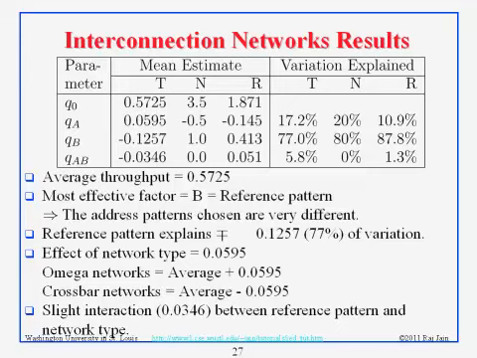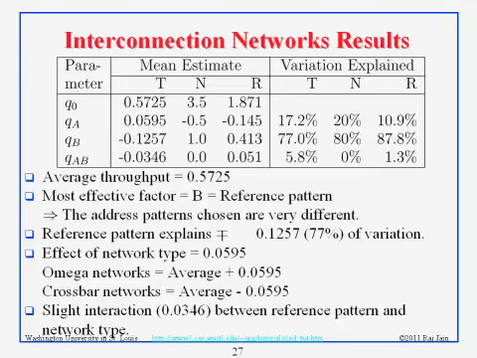Basically, 77% of the variation in throughput is due to the address pattern. Alright? 80% of the transit number is also due to the address pattern. And 87% of the response time is due to the address pattern.